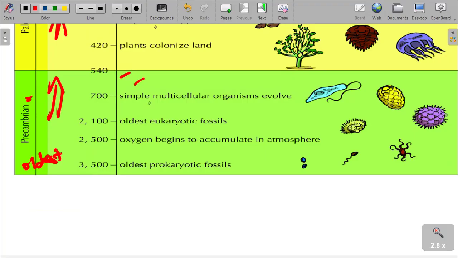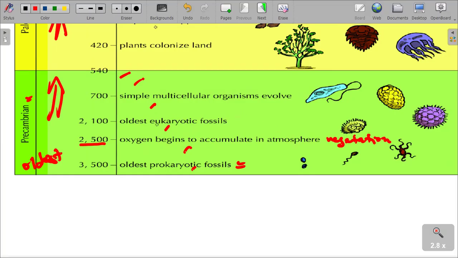So all this period accounts for the Precambrian. We have the oldest prokaryote fossils, and then oxygen begins to accumulate in the atmosphere about 2.5 million years ago. So we are talking about the beginning of vegetation, which started 2.5 million years ago.